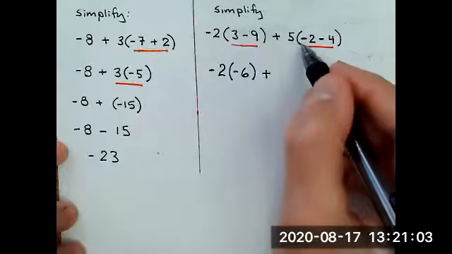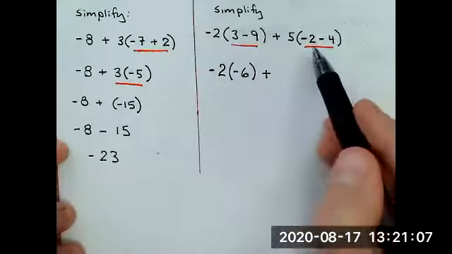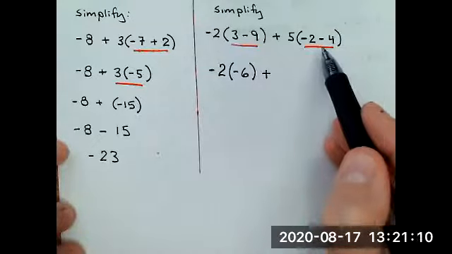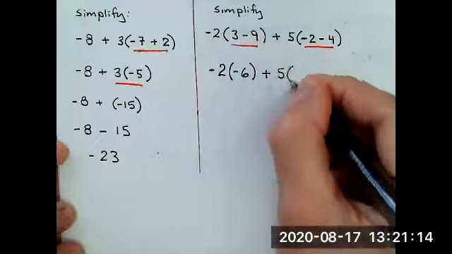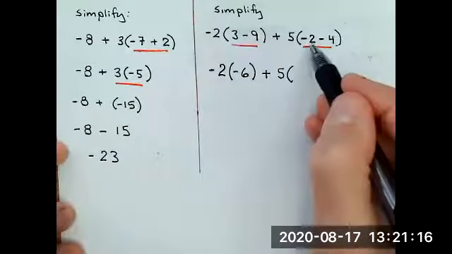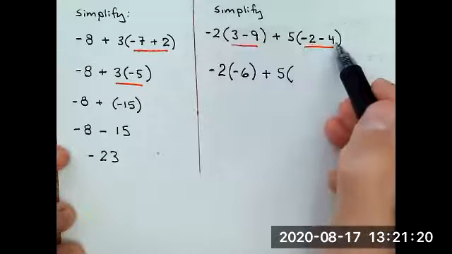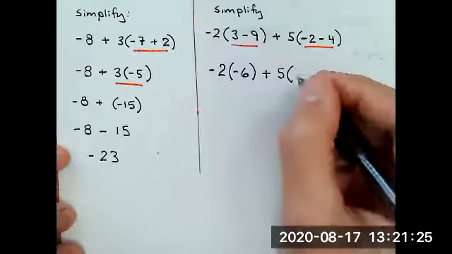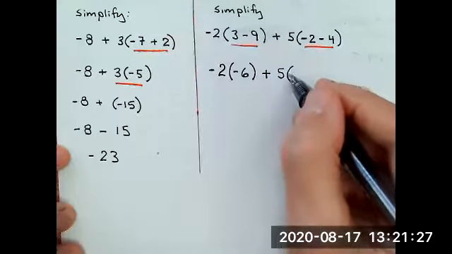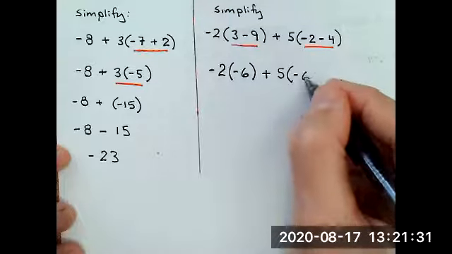All right, let's bring down the plus sign. Then we have 5 multiplied by the result of this parentheses. This is -2 plus -4. Those have the same sign, so we find the sum and keep the sign. So 2 plus 4 is 6, and because they're both negative, the result is negative. Because the result is negative, we keep it inside the parentheses.